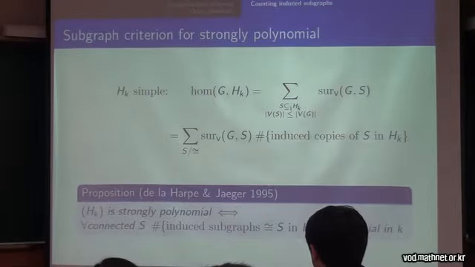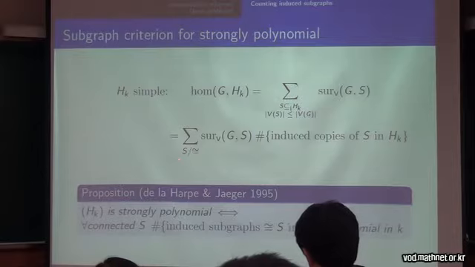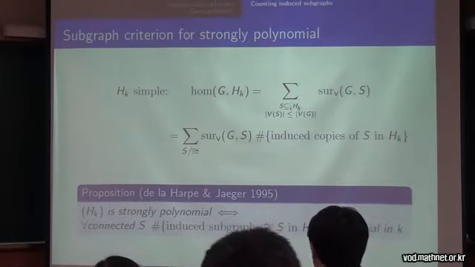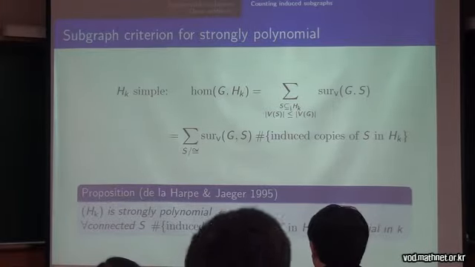And you're counting surjective homomorphisms, so this is vertex surjective homomorphisms from G onto the subgraph S. So that's just a simple partition of all the homomorphisms. And then if you're just interested in counting homomorphisms, you just need the isomorphism type of S. And so you go over all isomorphism types of subgraphs, and you're counting how many surjective homomorphisms you have and how many ways you can shift S around the graph H_k.